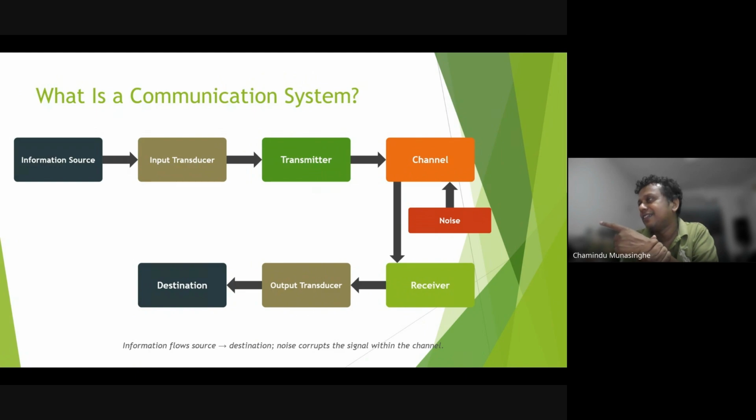For that we use a channel. The channel can be the vacuum or the open air in the case of radio frequencies. In the case of, let's say, your internet, it can be your fiber link. It might take multiple channels to go to the destination. In the case of fiber, it might take the fiber link, then a satellite link, and then again the fiber link to the destination.